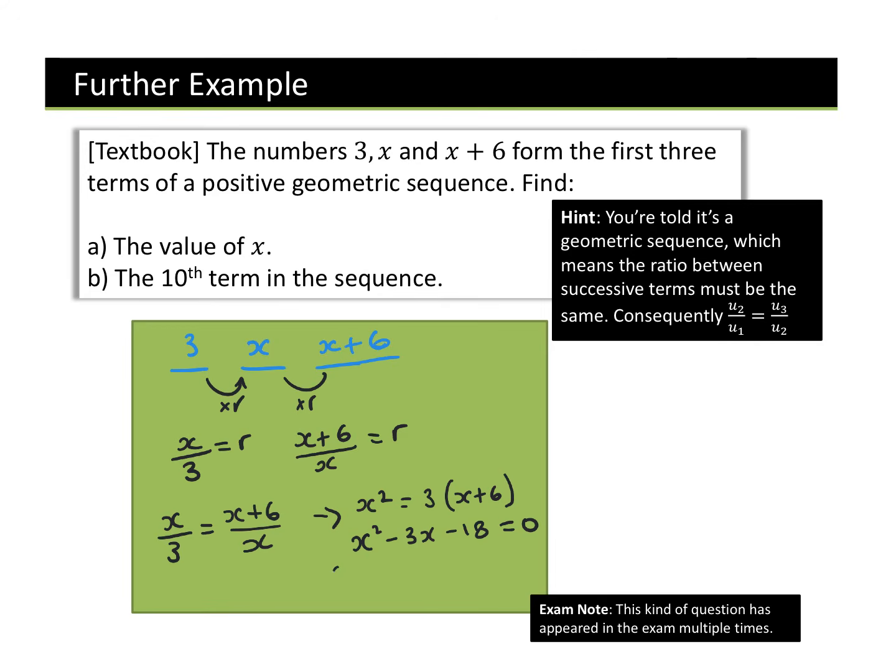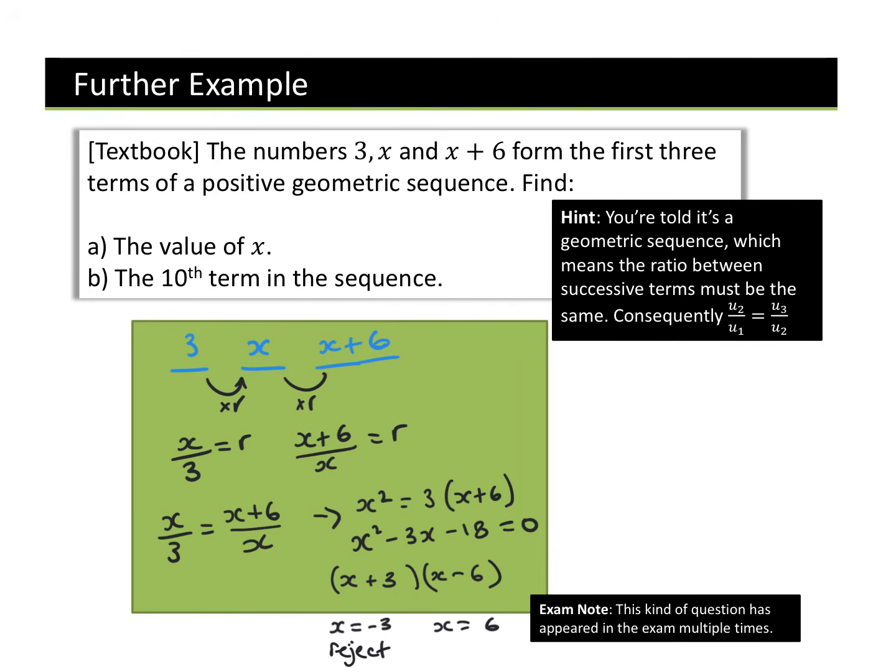If I now solve this, two numbers that multiply to give me minus 18: minus 6 plus 3. So x equals negative 3 and x equals positive 6. Now it says that the geometric sequence is positive, so we're going to reject negative 3. Okay, reject.